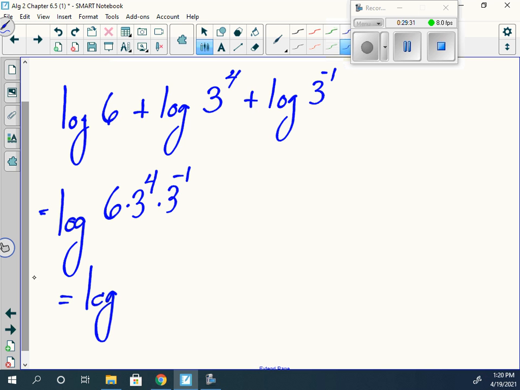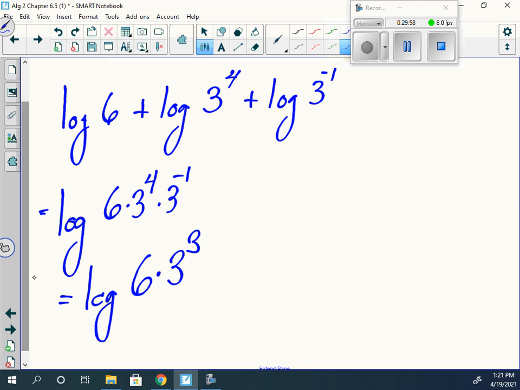If the bases are the same and they're being multiplied, we can add the exponents. Because if I move the 3 down below, it will cancel with one of the 3's to the 4th. Or if I do 4 plus negative 1, well, 4 plus negative 1 is 3, so 3 to the 3rd.